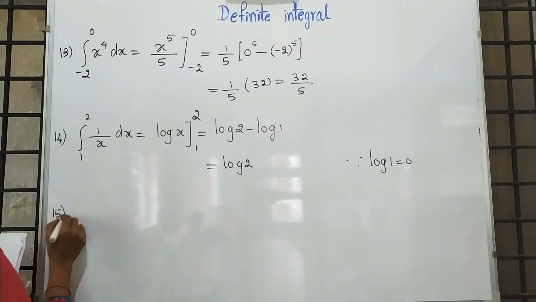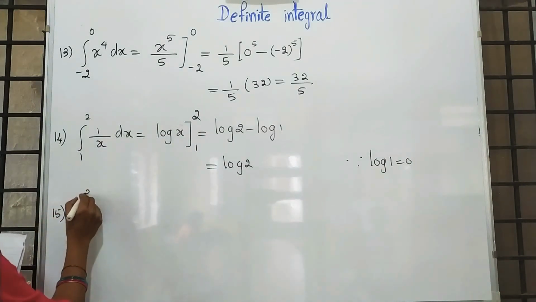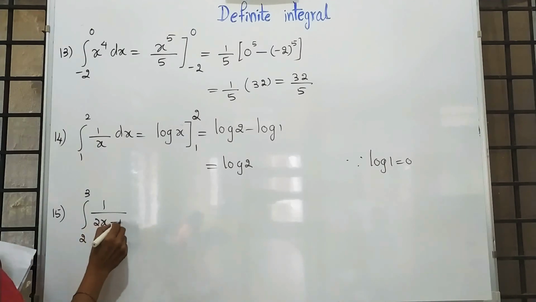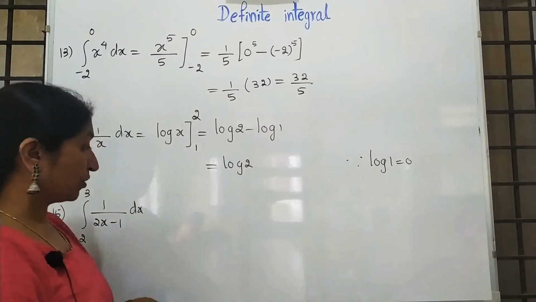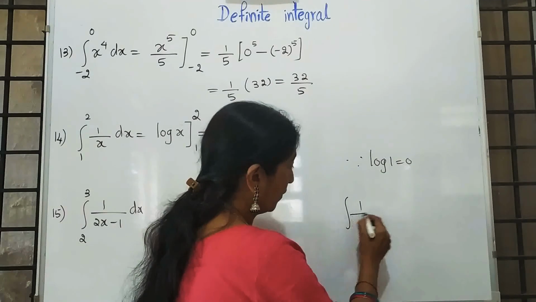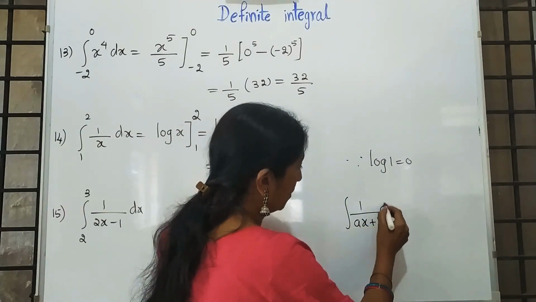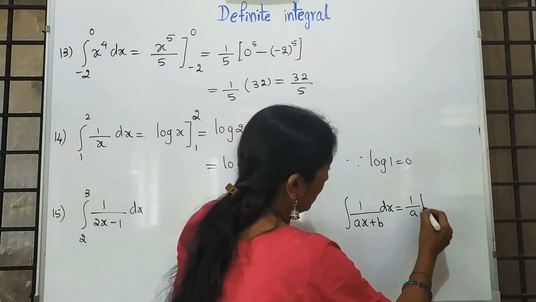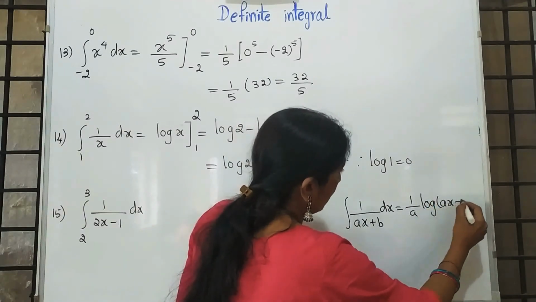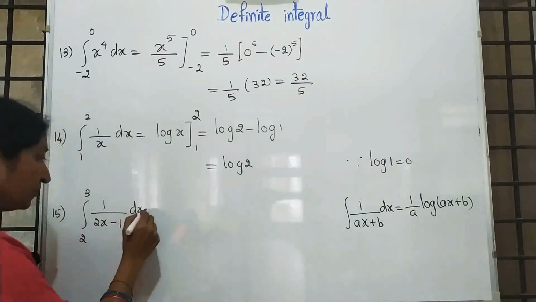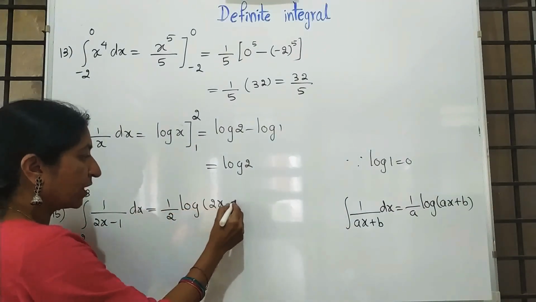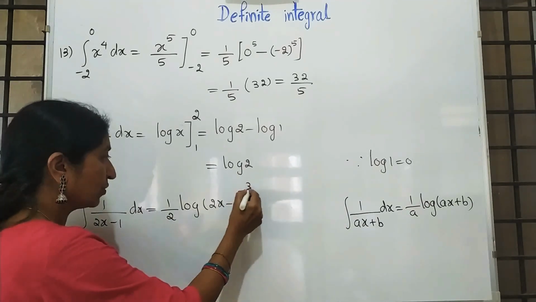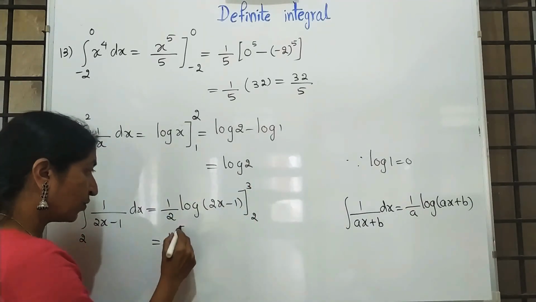Moving to the next question, that is 15th one. 2 to 3 1 upon 2x minus 1 into dx. If you are thorough and if you saw all the videos whatever I did on integration, you are familiar with this formula. Integration of 1 upon ax plus b into dx is 1 by a log of ax plus b. Here a is 2, log of 2x minus 1 from 2 to 3. 1 by 2, write it outside.